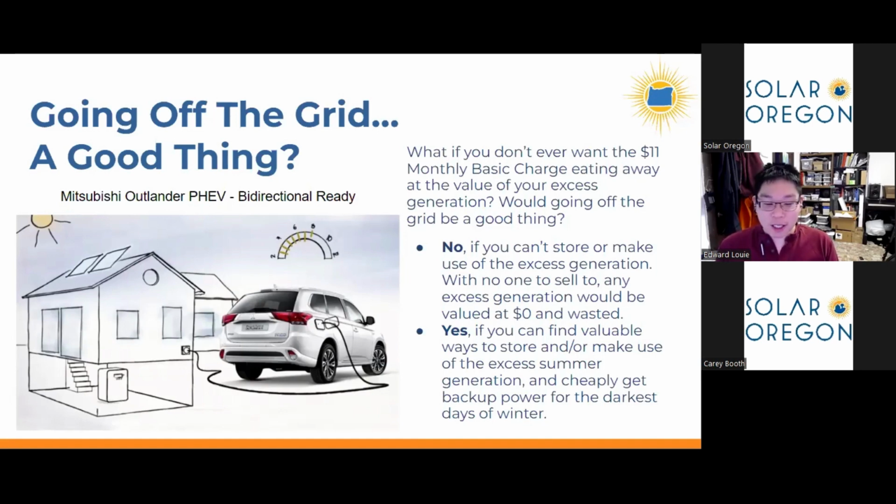It's not a stranded resource because you drive your car the rest of the time, and then it provides the energy for those 5 to 7 consecutive cloudy days. So it is more viable than before, and the cost of going off the grid is less than before. But I don't think it's nearly as good an option as signing up as a qualifying facility. Next slide.